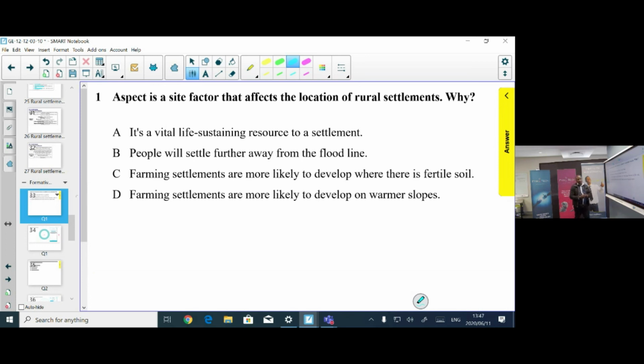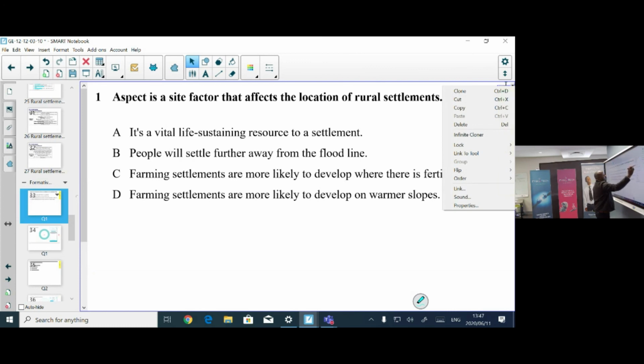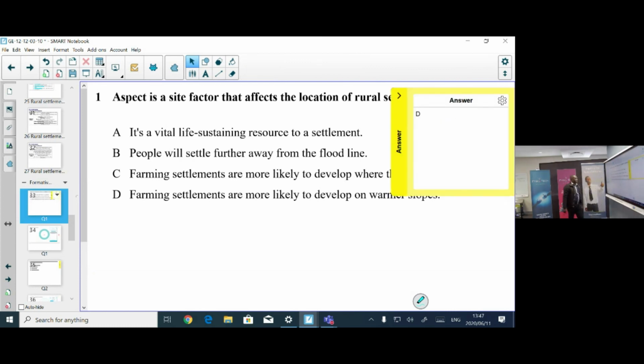I think everyone has attempted the answer, and then you check if you are right. So our correct answer there is D, because aspect actually refers to where the land surface is facing, as we defined at the beginning of the slides.